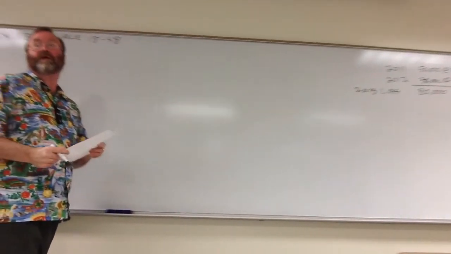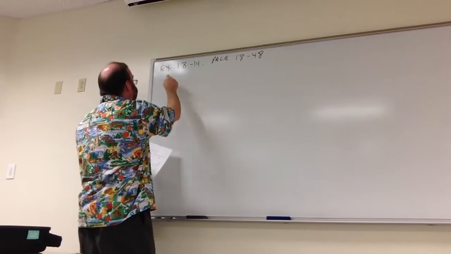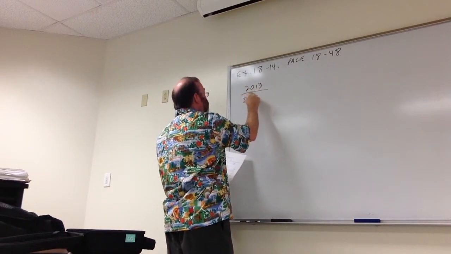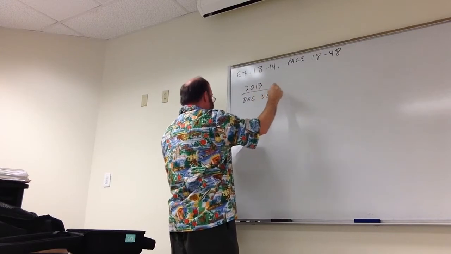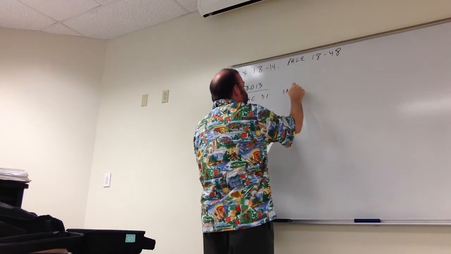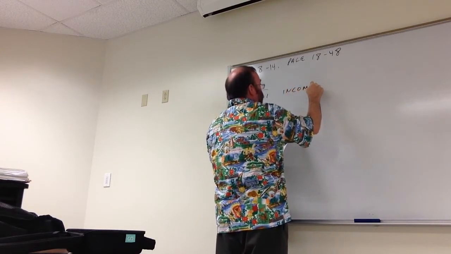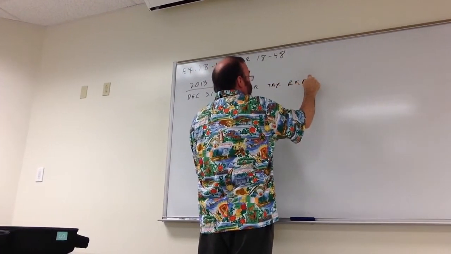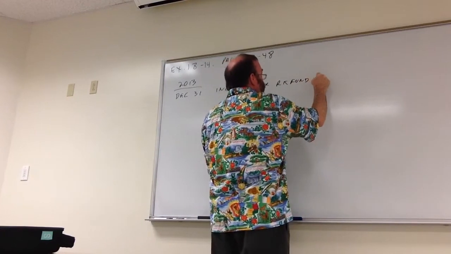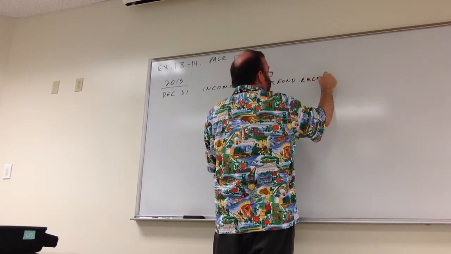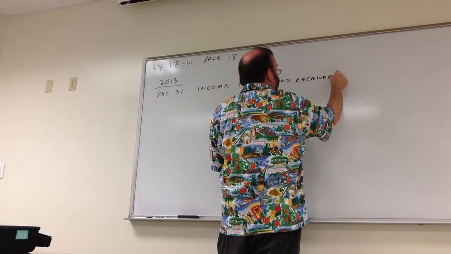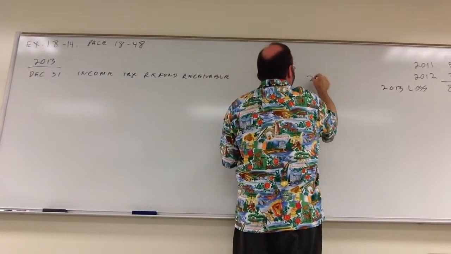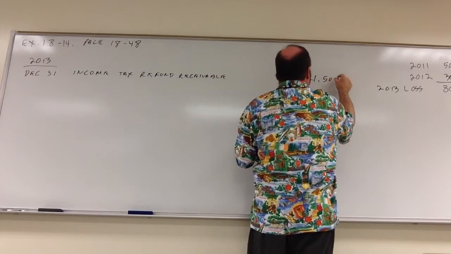All right, everybody with me? So on December 31st, 2013, we have a debit to income tax refund receivable of $21,500.